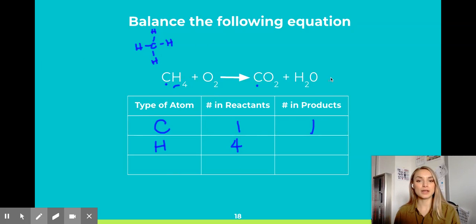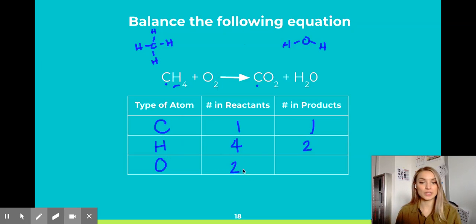Then over here in our products, we've got H2O. So that means that there's going to be 2 hydrogens there, because remember, H2O looks something like this. There's 2 hydrogens bonded to 1 oxygen. And finally, we've got our oxygen. So here we've got O2.